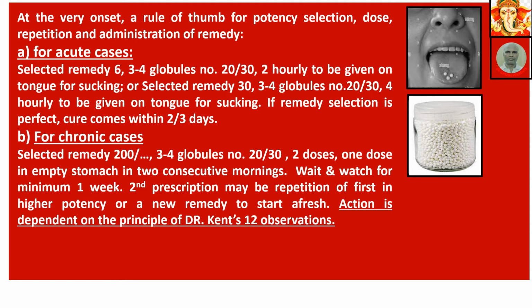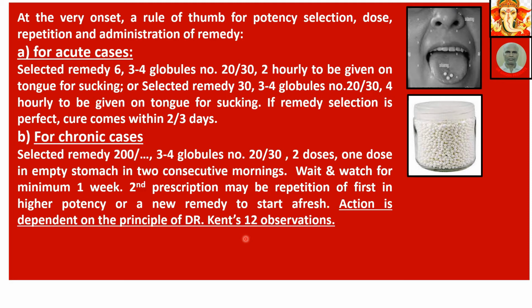For chronic diseases, select remedy 2000 or upwards. 3 to 4 globules, number 20 to 30. 2 doses, 1 dose on empty stomach in 2 consecutive mornings. Wait and watch for minimum 1 week. Second prescription may be repetition of the first, a higher potency, or maybe a new remedy to start afresh. Action is dependent on the principle of Dr. Kent's 12 observations.